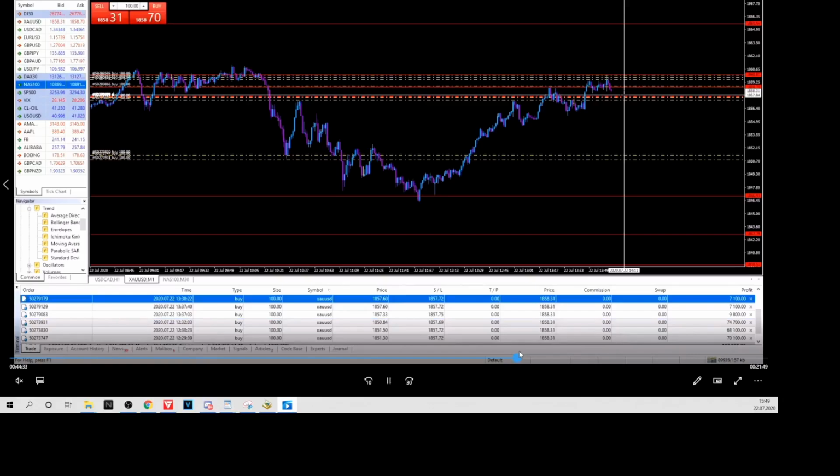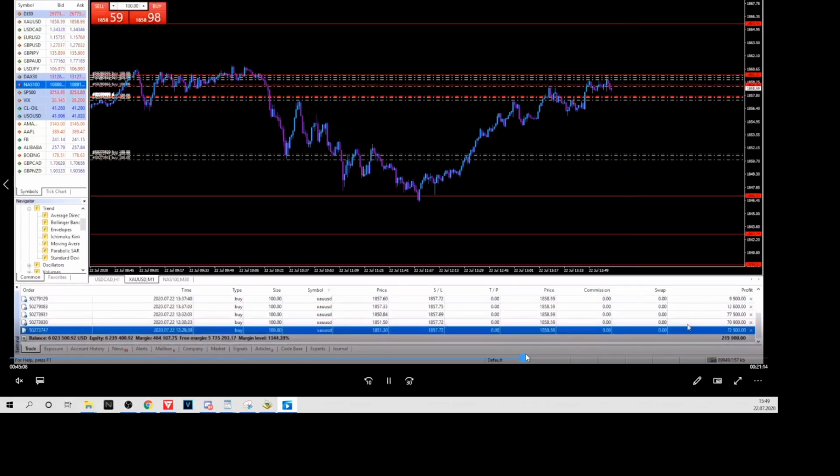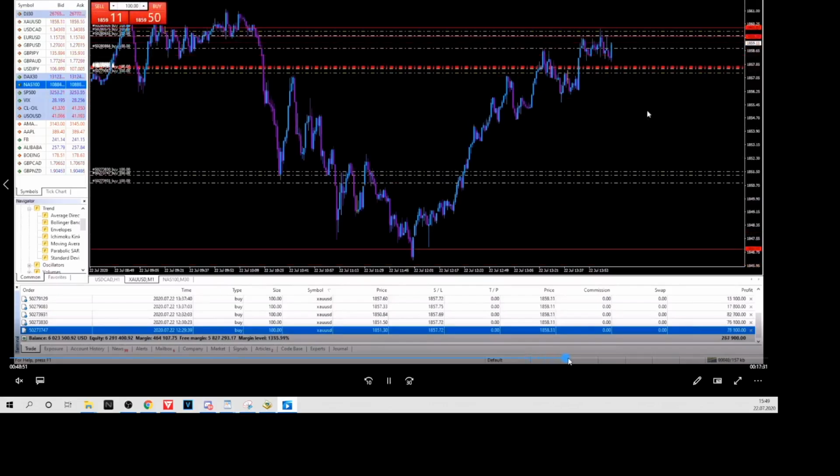Now I have 9 positions on gold with a potential of, I don't know, man, if this thing would have smashed the target at 1865, I'm sure this would have been another $1 million trade. But yeah, it was just messing around at the end.